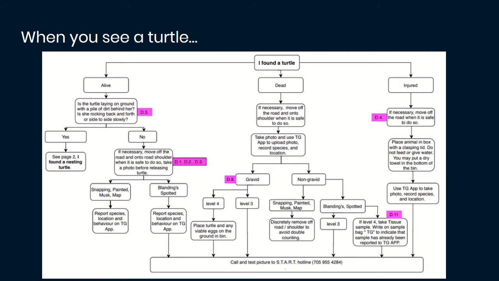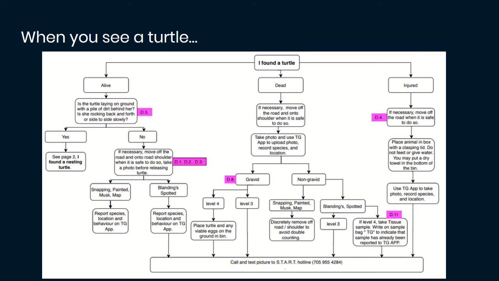So any little box with a purple square, you can refer to your protocol document and look for some extra help about how to make that decision. So if you want to know how to tell if a turtle has eggs in its belly or not, you would refer to that decision description.